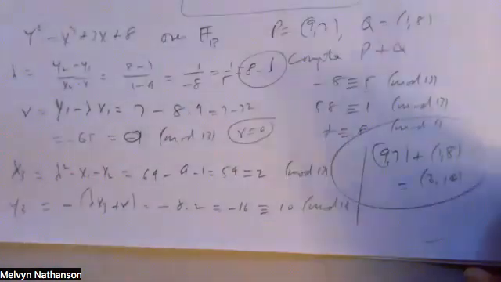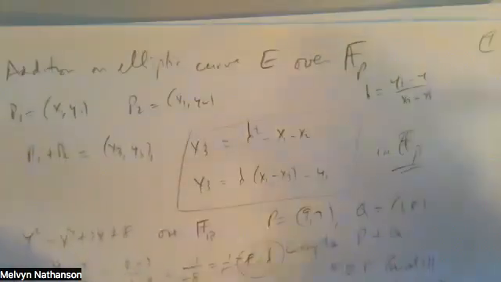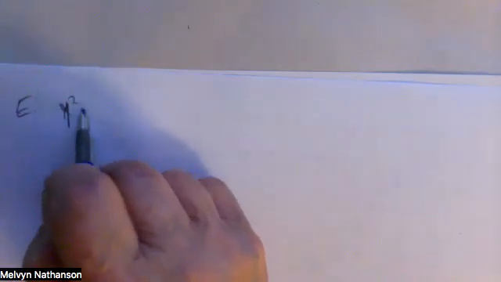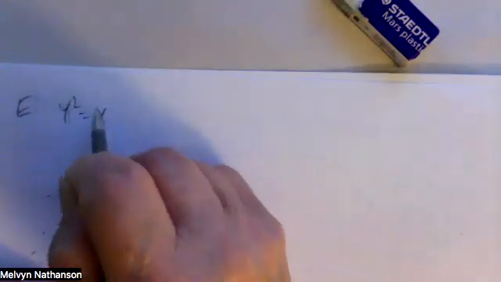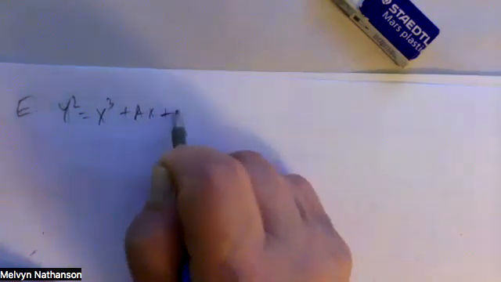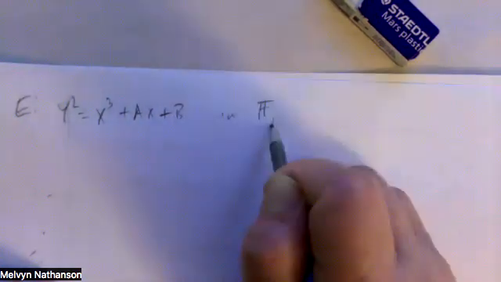Now, the interesting thing is to try to calculate how many points are on the elliptic curve over F_p. So let's say we take an elliptic curve, y squared equals x cubed plus ax plus b in the finite field with p elements.